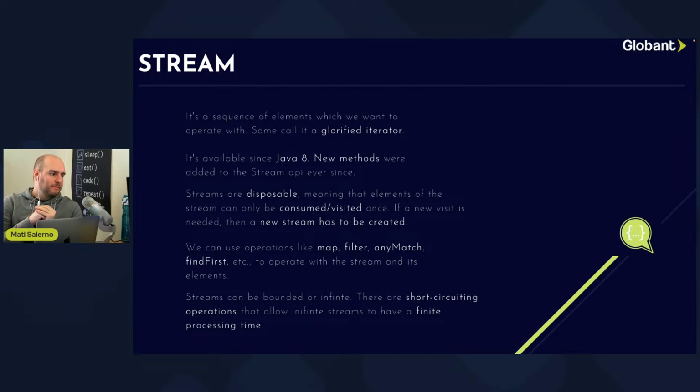Like, for example, once a stream is consumed, it cannot be consumed again. So if you are using a stream, if you consume the elements of that stream, you can either create a new stream with it, or you can consume them, process them, and that's it.